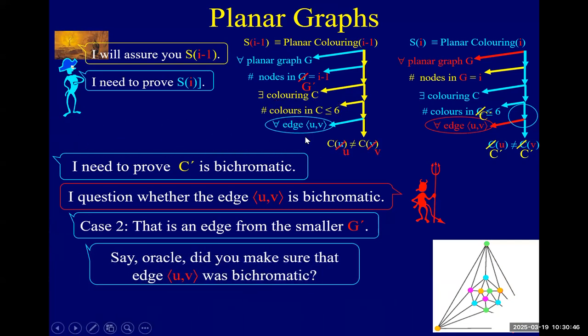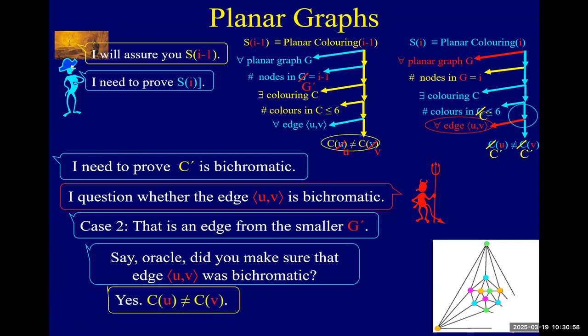So I go to the oracle and say, hey oracle, the adversary gave me an edge. What do you say about it? And she says, don't panic, I gave it different colors. So you can go back and say, adversary, don't worry, the oracle promises me they have different colors. People see that?